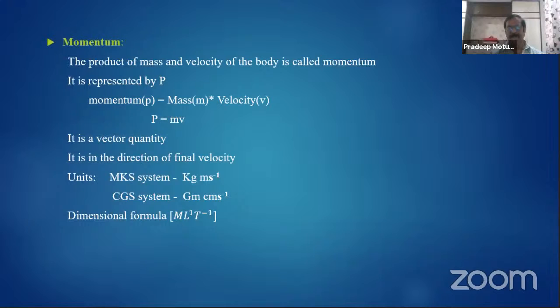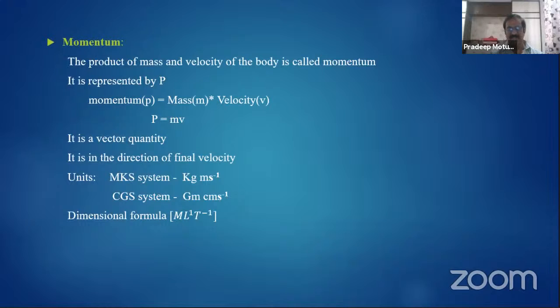So in the CGS system, its units are gram centimeter per second, or gram centimeter second inverse. In the MKS system, we measure in kilogram meter per second or kilogram meter second inverse.